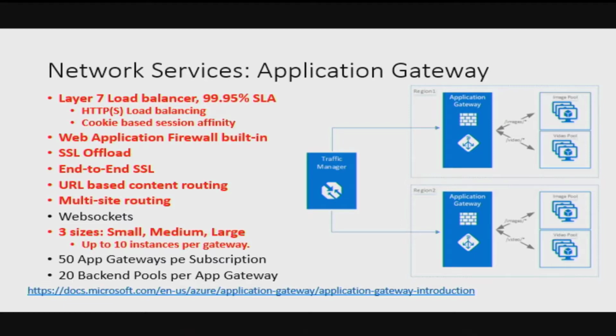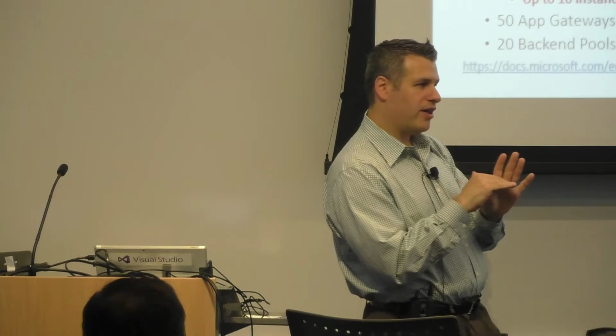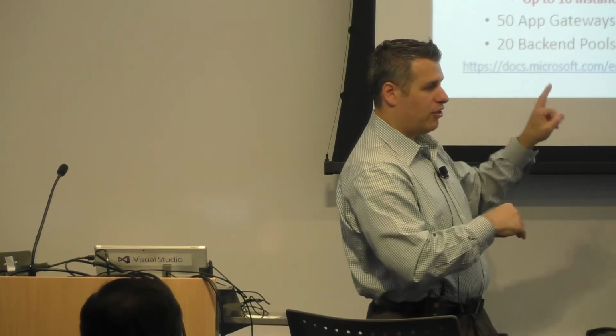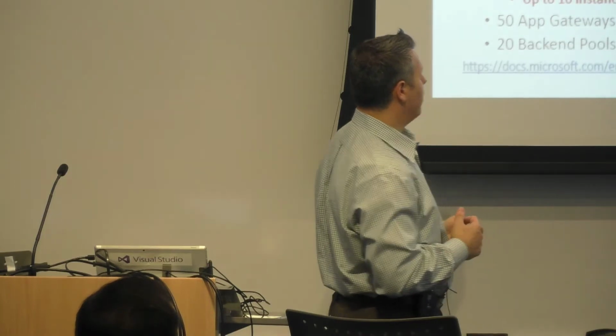So it'll temporarily decrypt, see where you're going, route you, and then using a certificate will re-encrypt the traffic. Your VMs have to have that certificate installed as well, but you can achieve an end-to-end SSL and still use the capabilities of App Gateway.